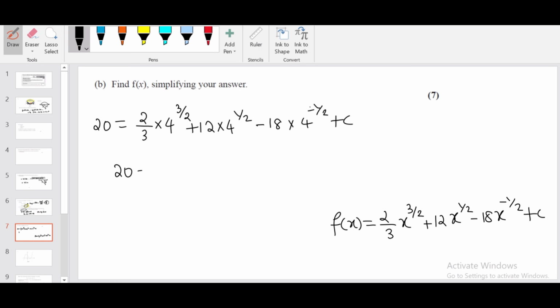20 is equal to 2 over 3. You can type 4 power 3 over 2 in your calculator, you will get 8. 4 power half is 2. 4 power negative half is 1 over 2.